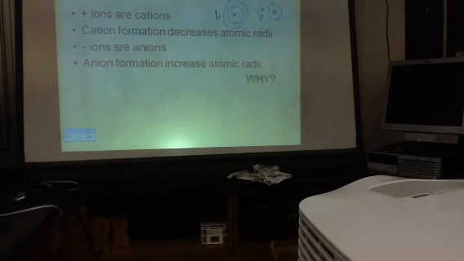So, jot them down. What do you think? One is real obvious from that drawing, and it's not the case for all of these things. Why would that decrease the radius?